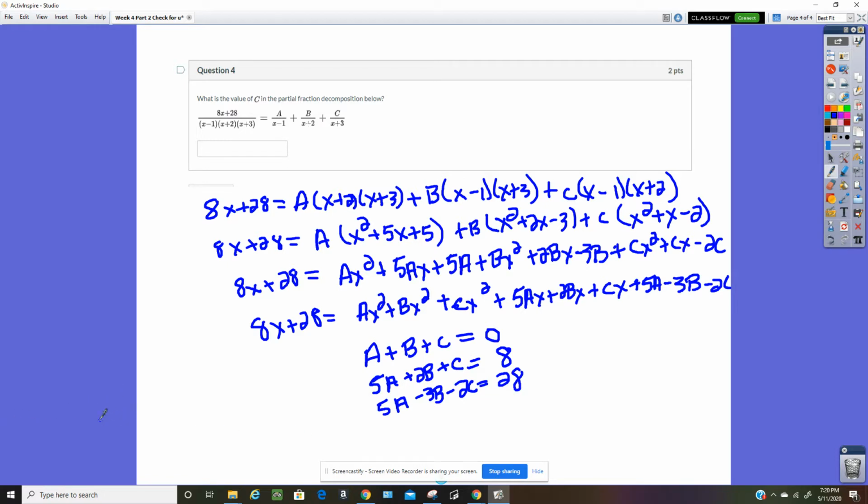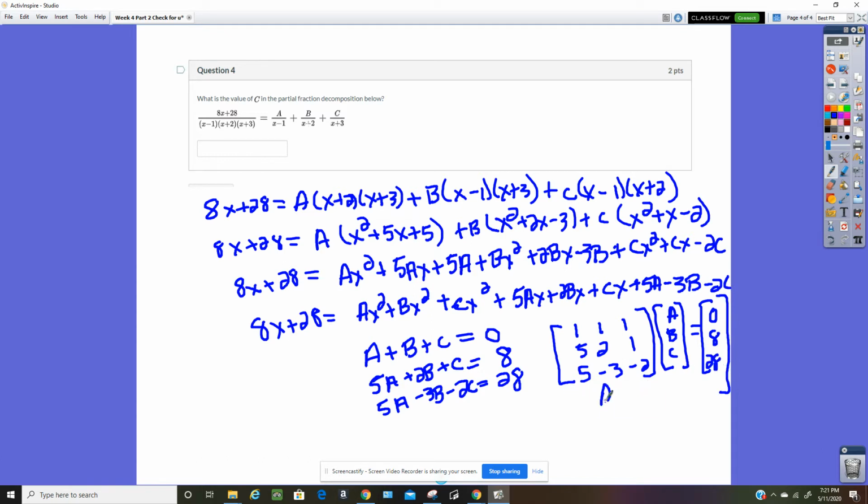So the easiest way to solve this is to use the matrix calculator now. So I would have 1, 1, 1, 5, 2, 1, and 5, -3, -2, and A, B, C. And that's going to equal 0, 8, 28.